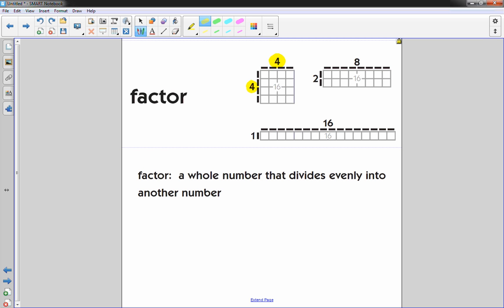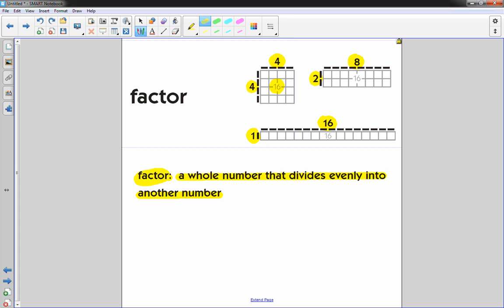4 by 4 set will give me 16. A different way to take 16 tiles and arrange them in a rectangle is 2 by 8. And one other way is to arrange them in 1 by 16, form a really long skinny rectangle. And that's a visual way for students to see that a factor is a whole number that divides evenly into another number.